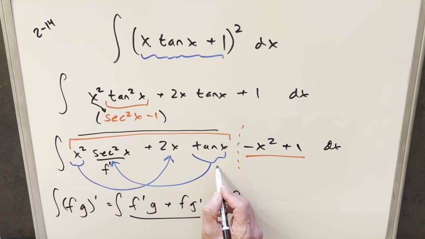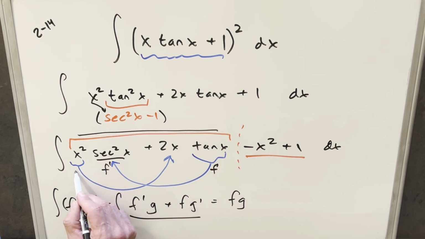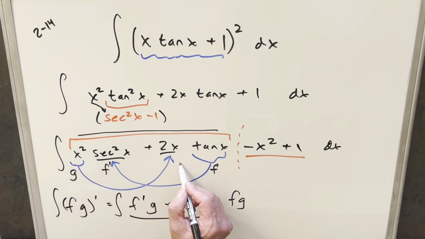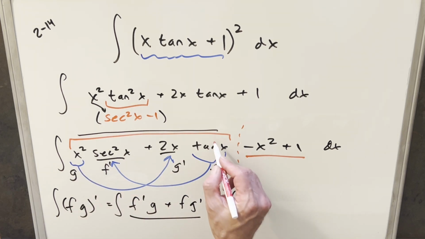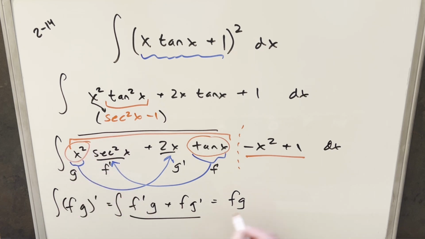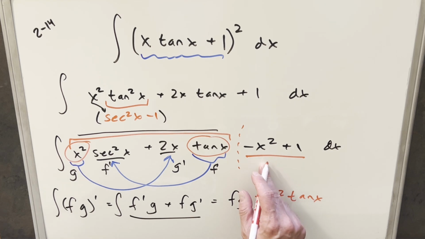Then tan x is our f. Coming over here, we'll say this x squared is g, and so g prime is going to be 2x. So we have our f and g, and we can use that as part of our solution. This is going to be x squared tan x. Now all we need to do is deal with the power rule on the rest, and then we can finish it off.